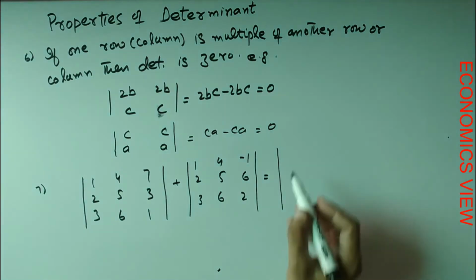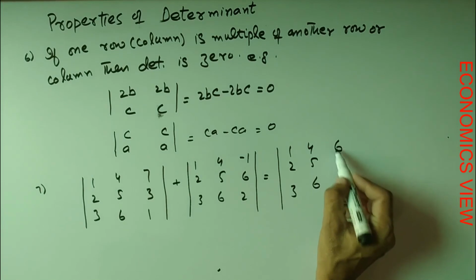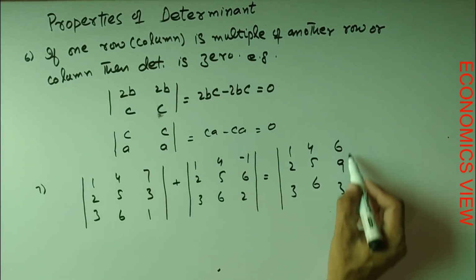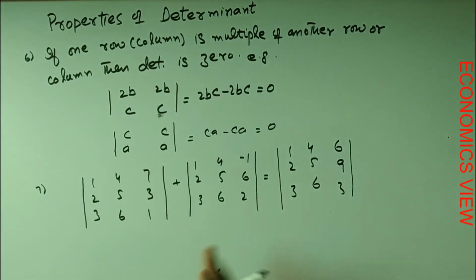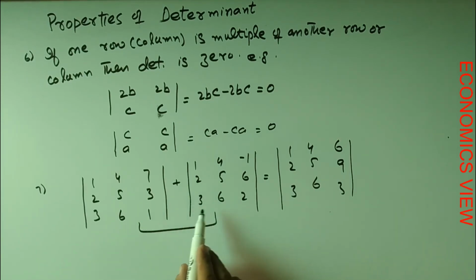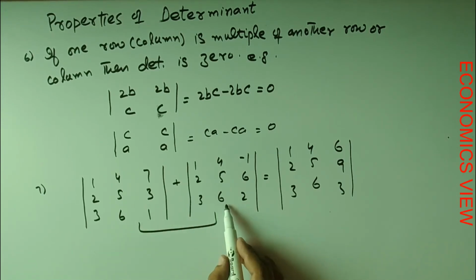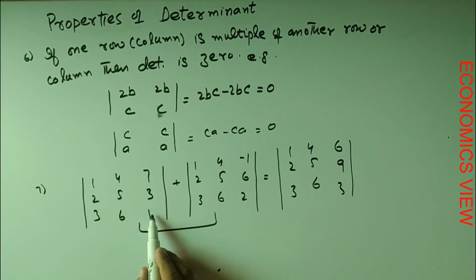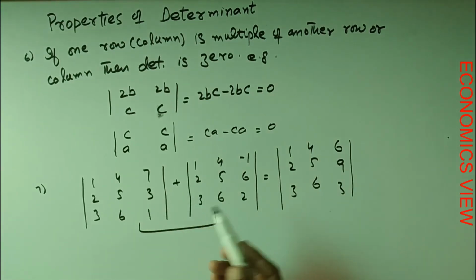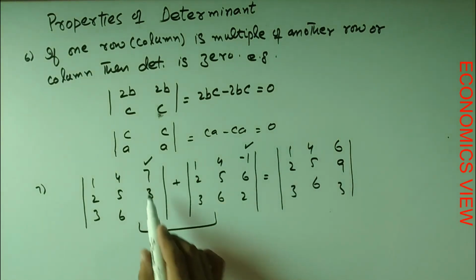What is the property? If we have two determinants like that and they are adding with each other, and in these two determinants any two rows or two columns are the same, like I can say C1 and C2 are the same in both the determinants, then the third column, or any third row or third column, like that, I can say C3 here and C3 there, will be added.